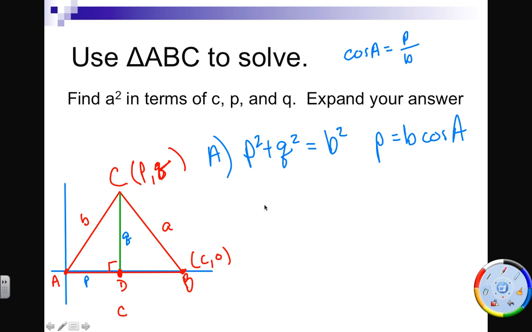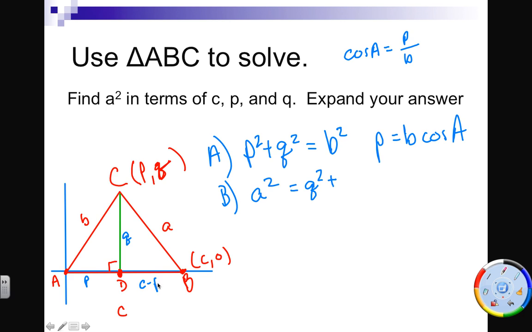Question B says, find a squared in terms of c, p, and q, and expand your answer. So I have a squared. A is the hypotenuse of this other right triangle. So I have a squared equals q squared plus, well, what's this distance? The full length is c, the little length is p.